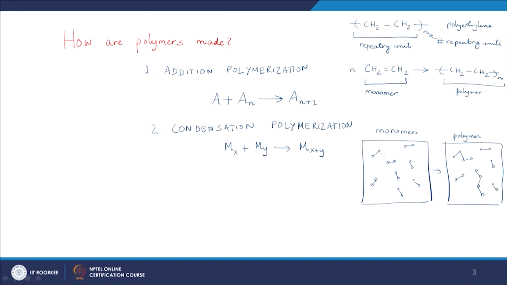And now both these chains will grow in the case of addition polymerization by combining with other monomers in the system, or they can, for example, come together and form a larger chain, right. But by and large, the key point I want to mention here is that if you have, say, a beaker or a reactor, in that particular case you do not really have just one polymer chain being formed, because you start with, say, a gas of monomers or a liquid of monomers, and the polymerization has ensued.